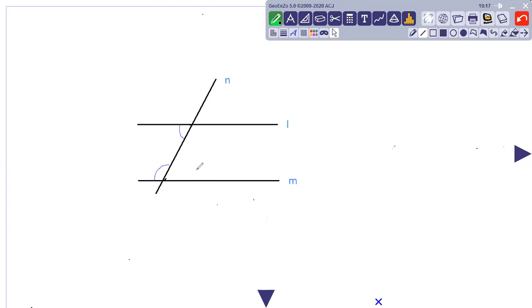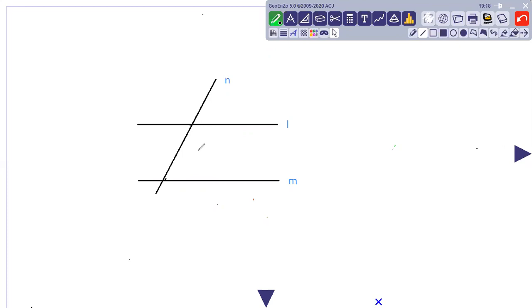So they are also supplementary. Now we have talked about two points. The first point was corresponding angles are equal, and the second point was interior angles on the same side of the transversal are supplementary.